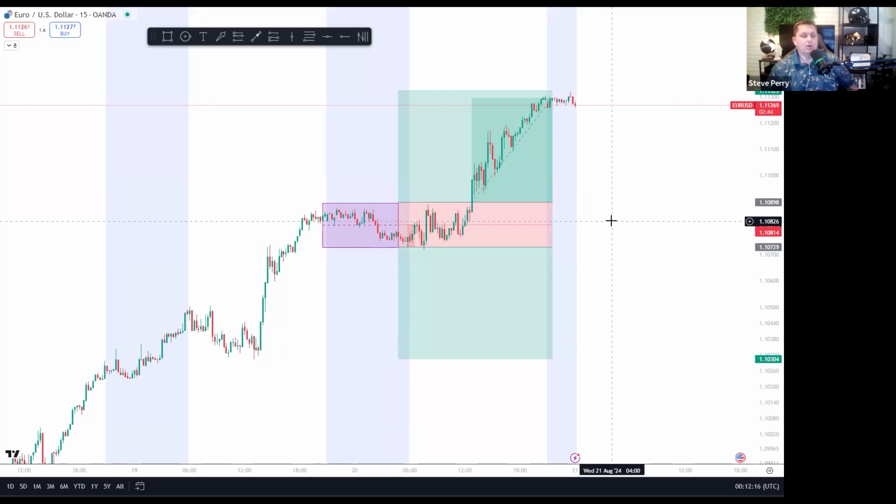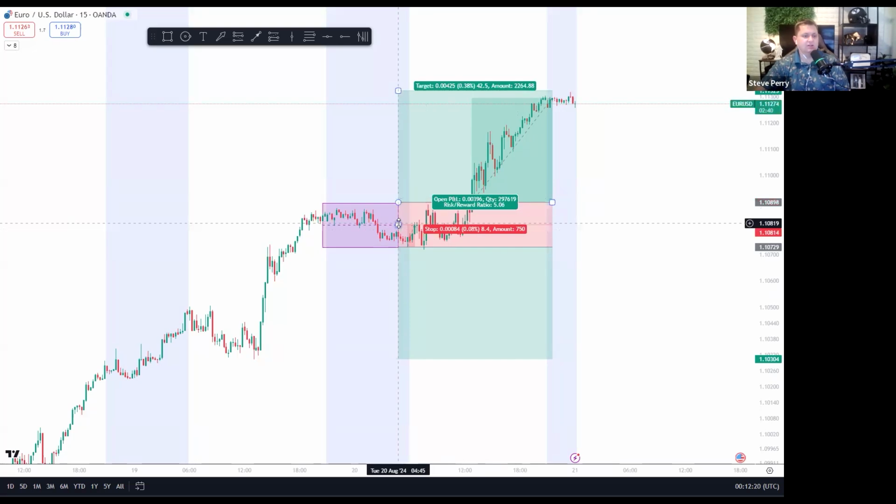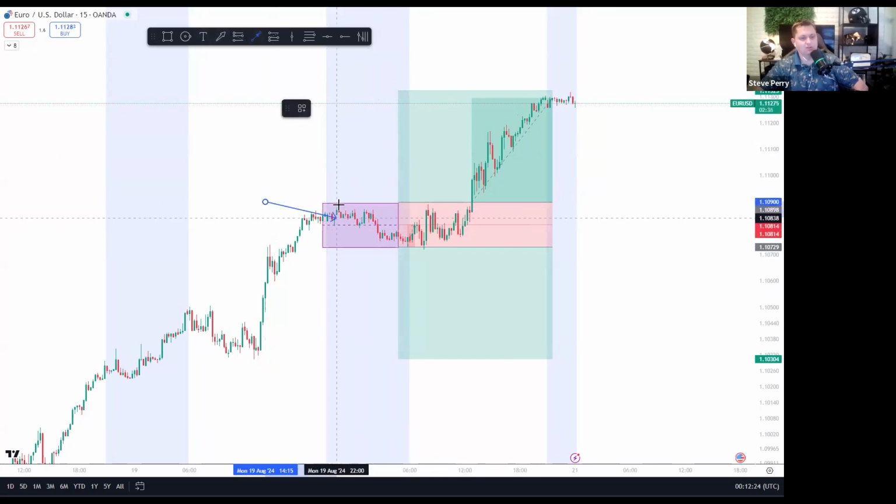The strategy in a nutshell is you're going to box up the Sydney market. Whatever Sydney does, you're going to highlight the high of Sydney, which yesterday was kind of in this area right here, and then the low of Sydney was right down here.